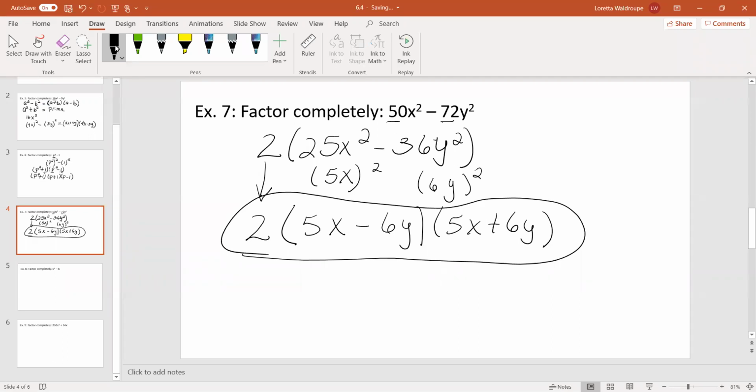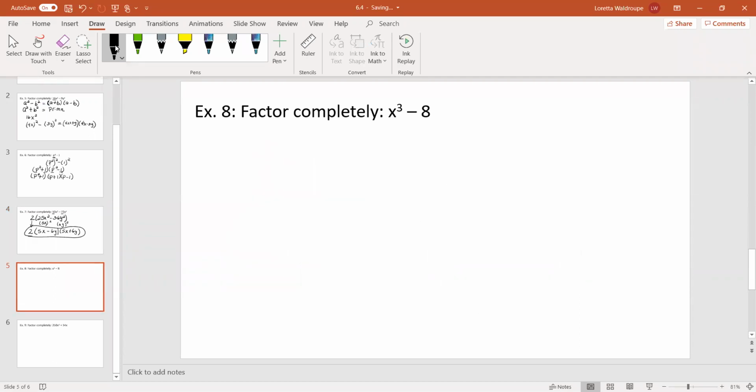Okay? The other formula we're going to use is the sum and difference of cubes. What if you have 2 terms and it's perfect cubes? A cubed plus b cubed factors into a plus b times a squared minus ab plus b squared.